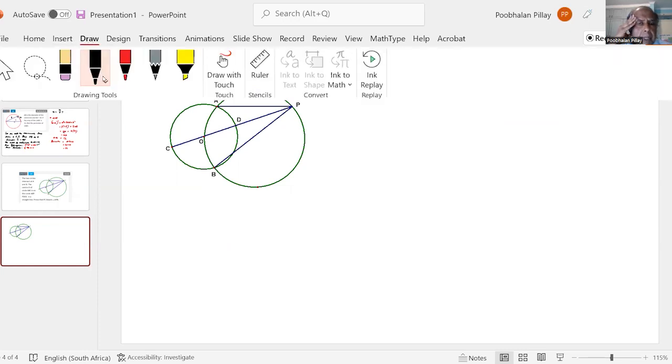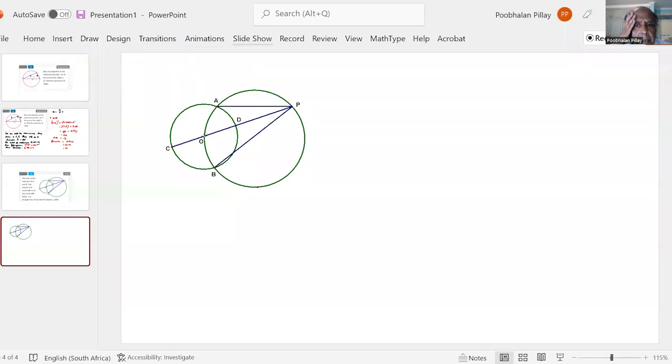So why don't we draw... O is the center, which means that OA and OB are radii. So let's draw OA and also OB.